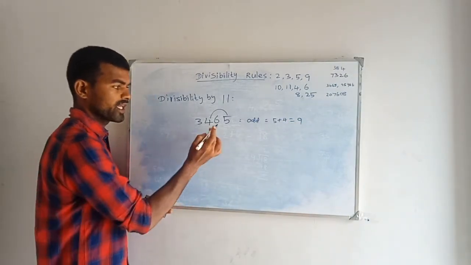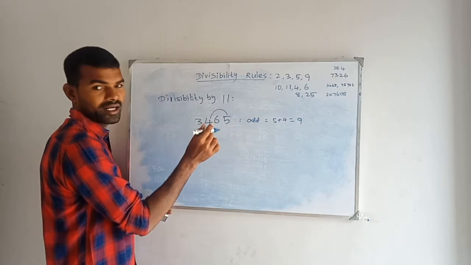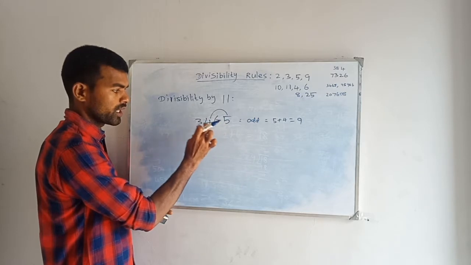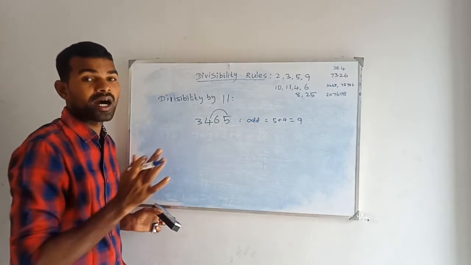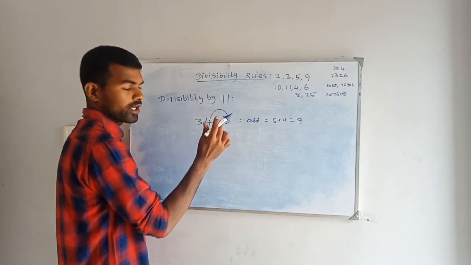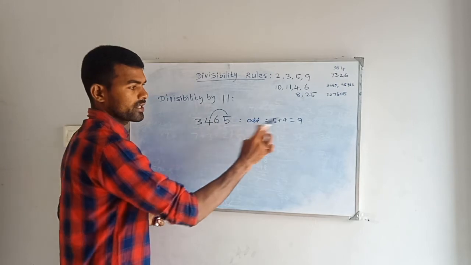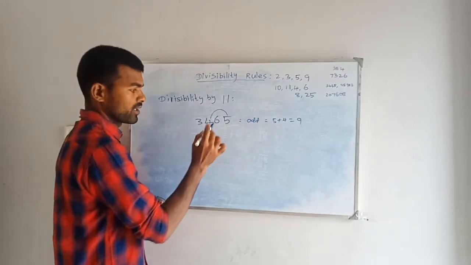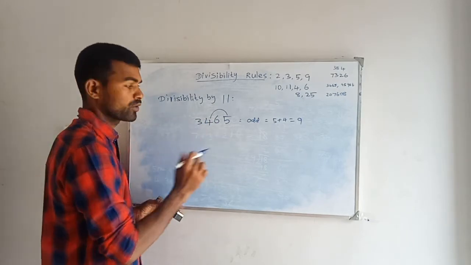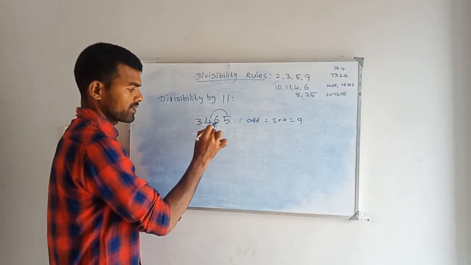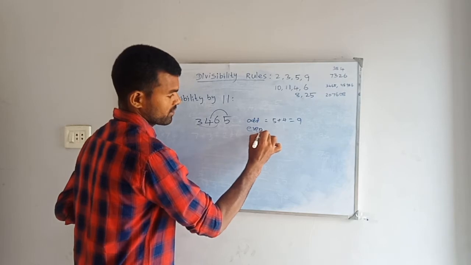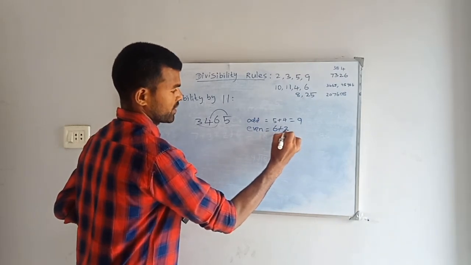Now find the sum of the even places, 2, 4. The even digits are 6 and 3. 6 plus 3, how much? 9.